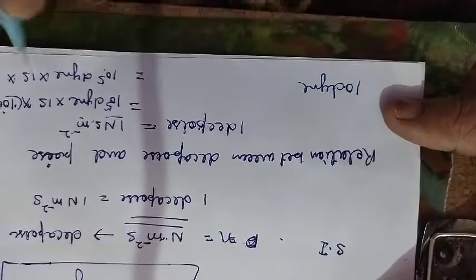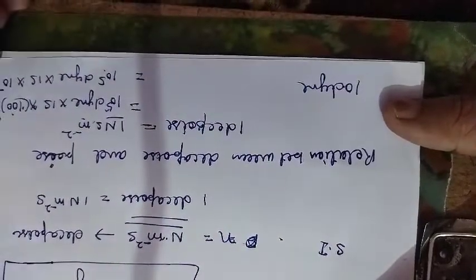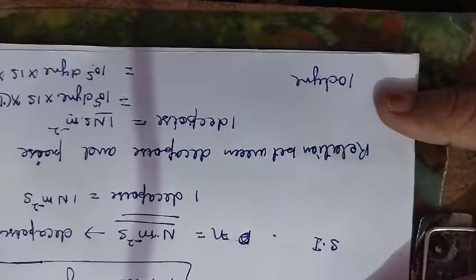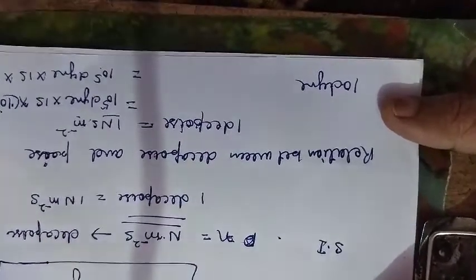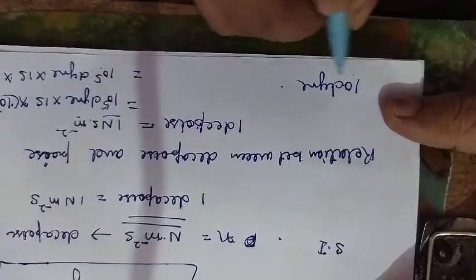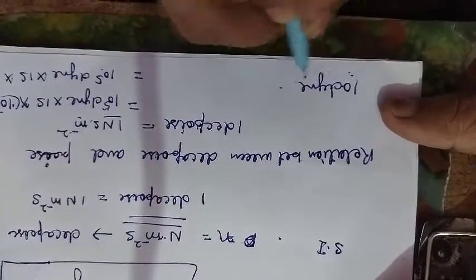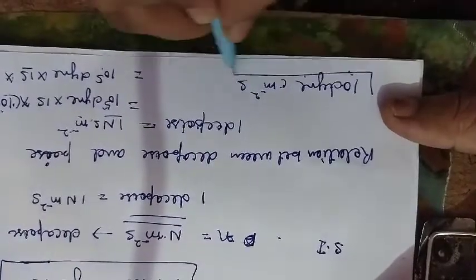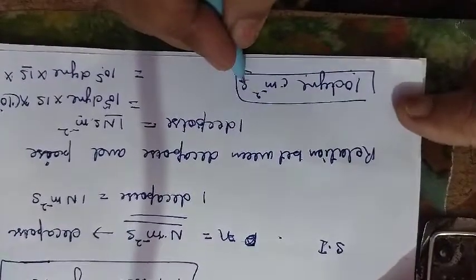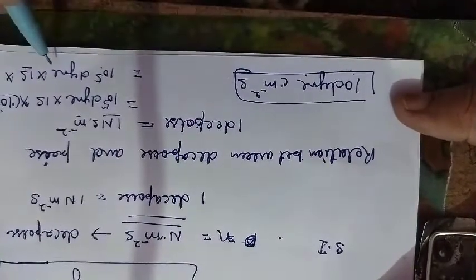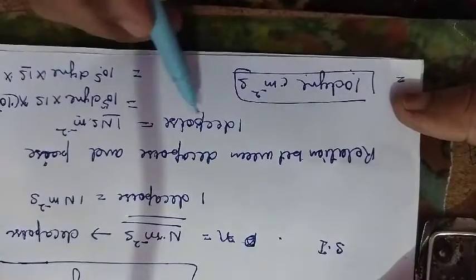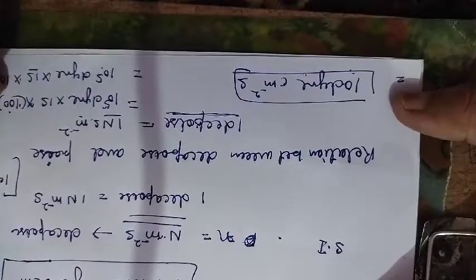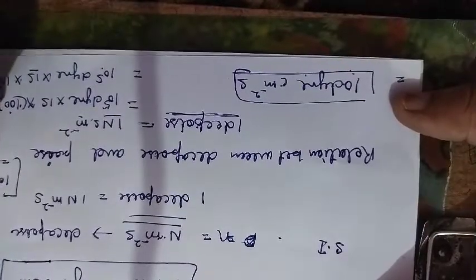So we get 10 dyne second per centimeter square, and this is equal to 10 poise. So 1 decapoise is equal to 10 poise.